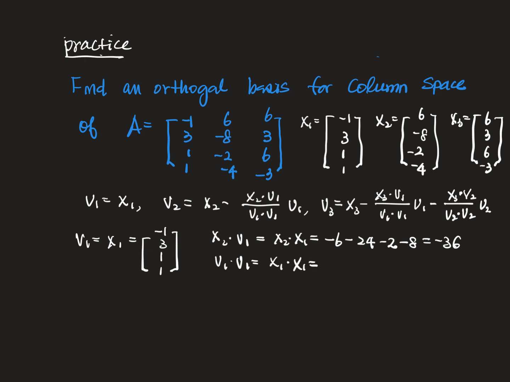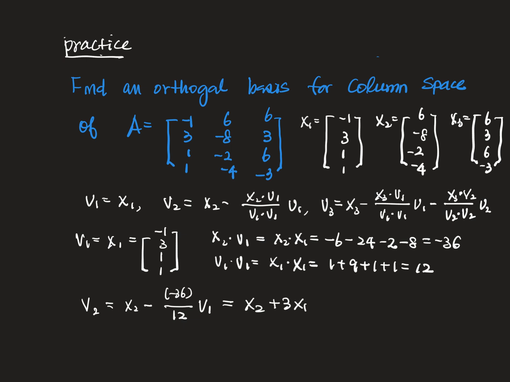That's 1 plus 9 plus 1 plus 1, which is 12. So v2 is x2 minus (-36 over 12) times the v1 vector, and v1 is x1. So you write it as x2 plus 3x1.